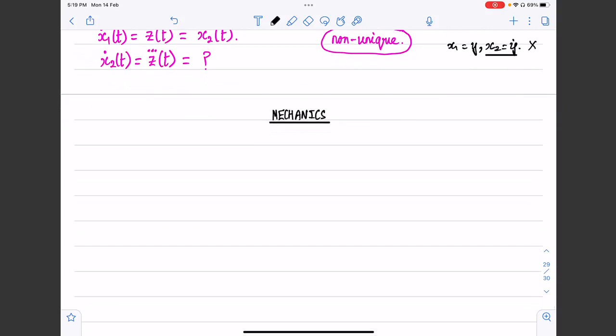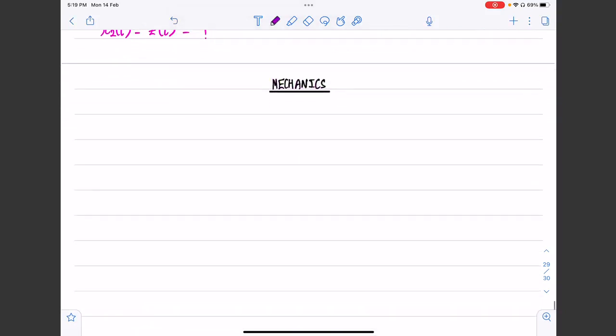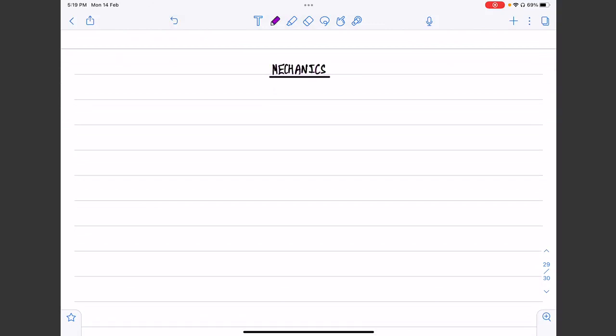Now let's move to our second module. This module is going to be on mechanics. We have been looking at dynamic systems till now. The reason is that even in vehicle dynamics, we look at vehicles as an entity or object to which we provide some input and we expect some output from it.